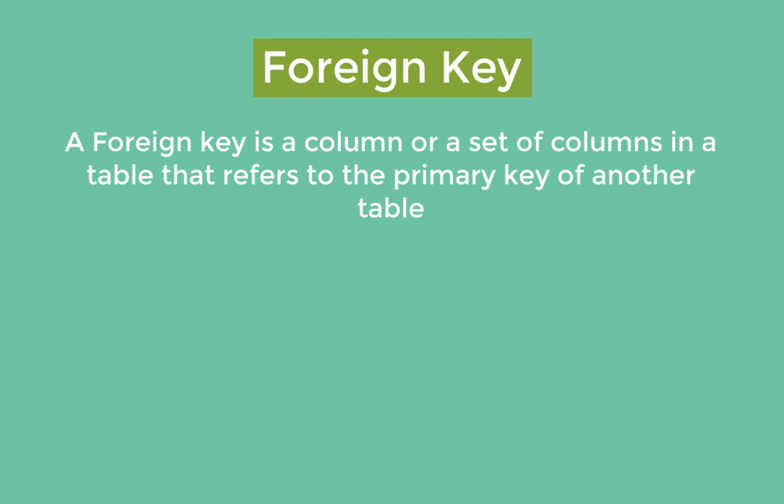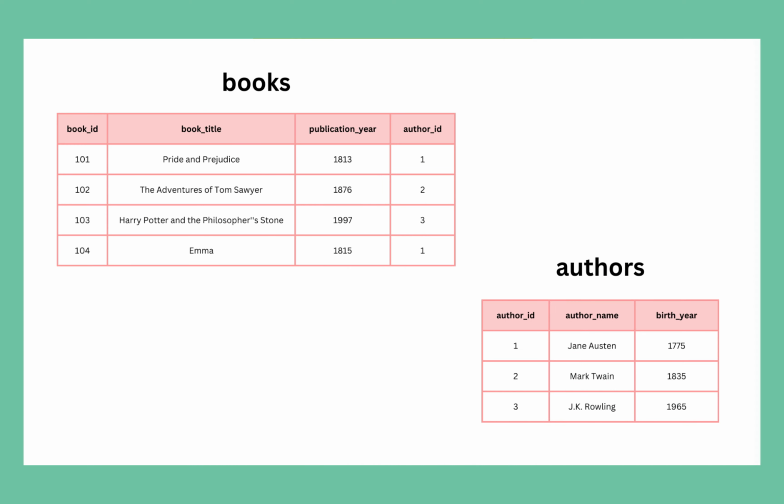Okay, so now let's talk about what a foreign key is. By definition, a foreign key is a column or set of columns in a table that refers to the primary key of another table. So in this example, you can see that author ID in this books table is a foreign key, which refers to the author ID, which is the primary key on the authors table.